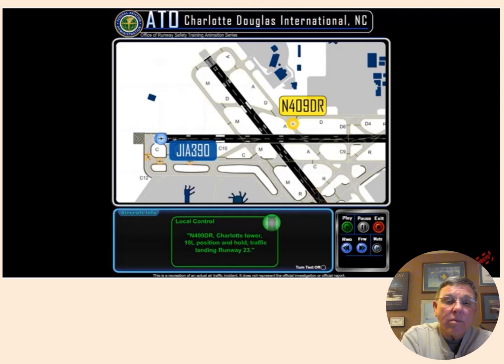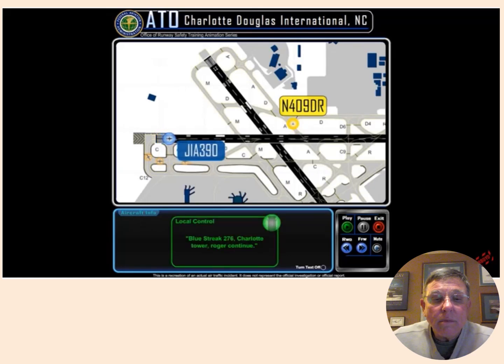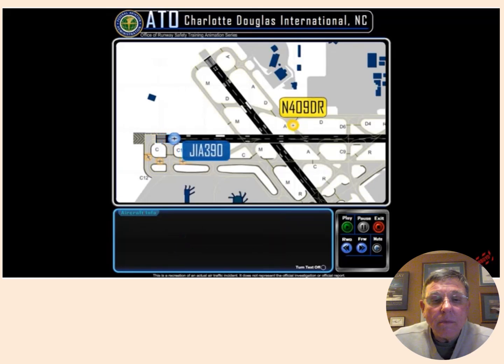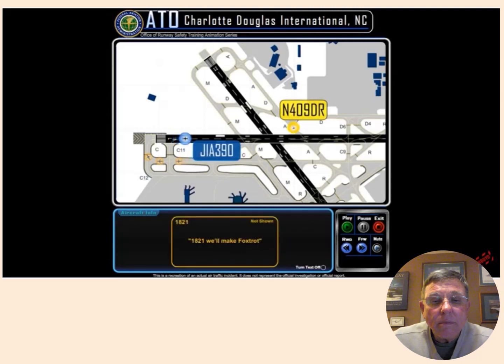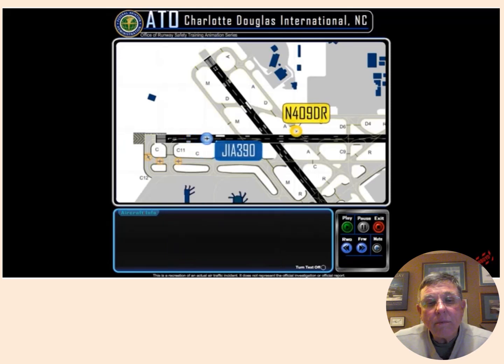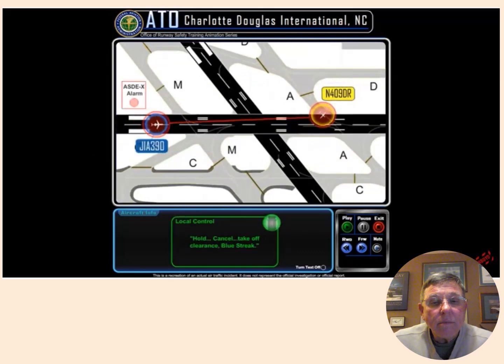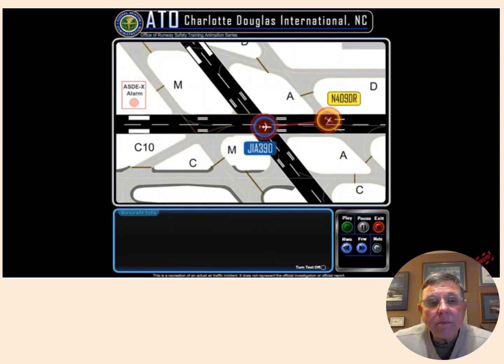Blue Streak 276, Charlotte Tower, continue. Cancel takeoff clearance, Blue Streak. Blue Streak 390, rejecting on 18 left.